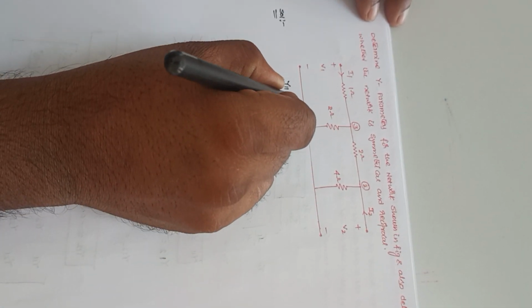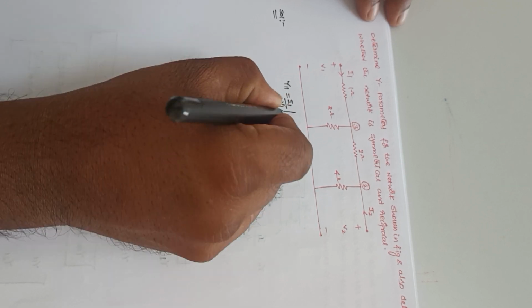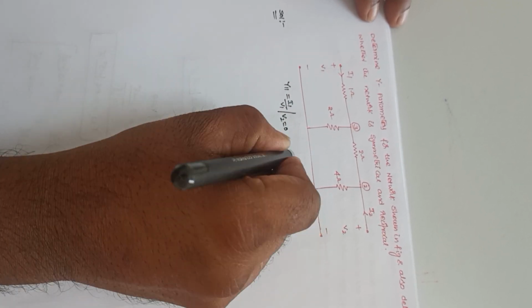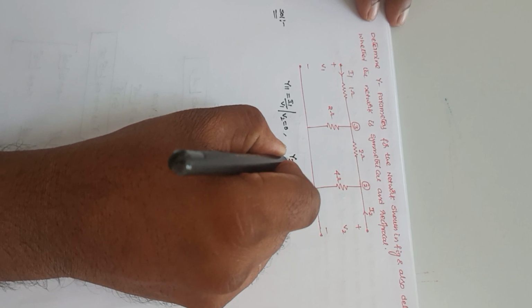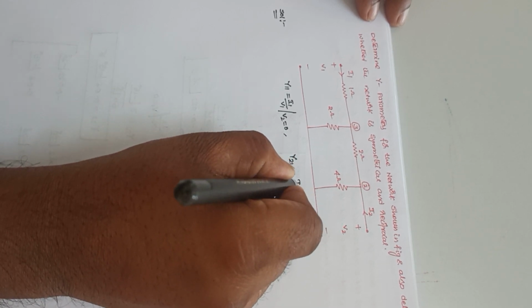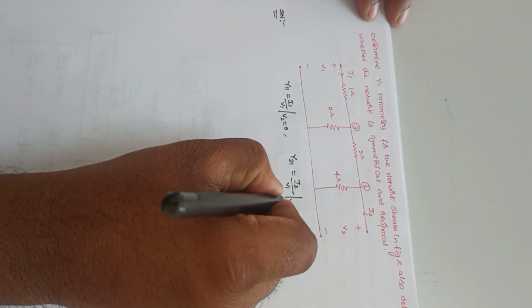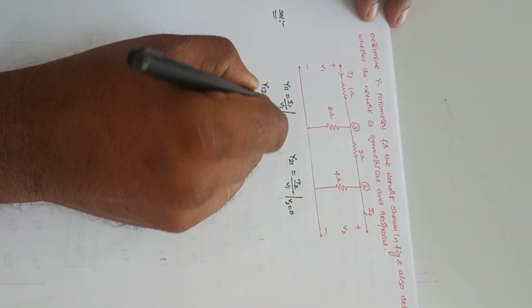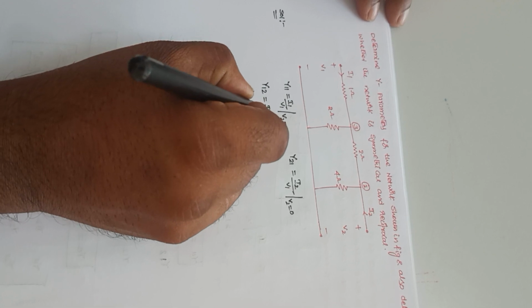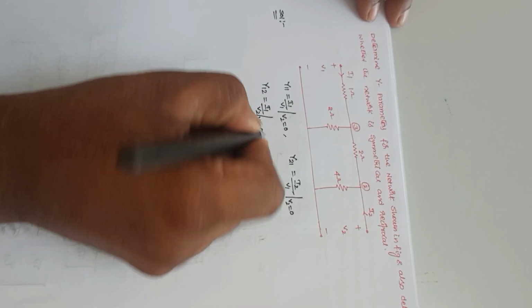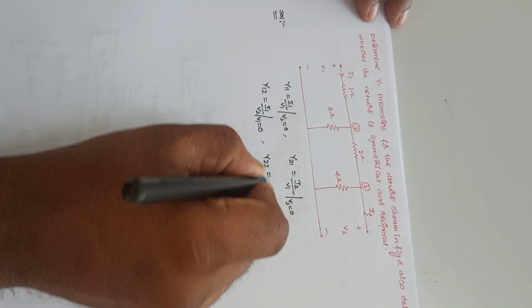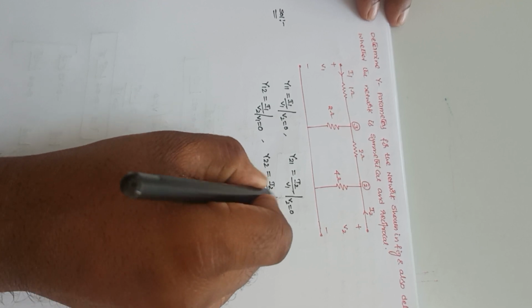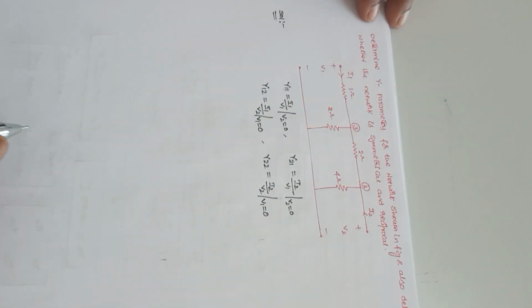Y11 is equal to I1 by V1 whenever V2 is equal to 0, Y21 is equal to I2 by V1 at V2 is equal to 0, and Y12 is equal to I1 by V2 at V1 is equal to 0, Y22 is equal to I2 by V2 at V1 is equal to 0.